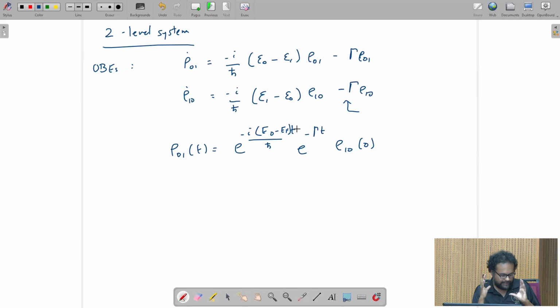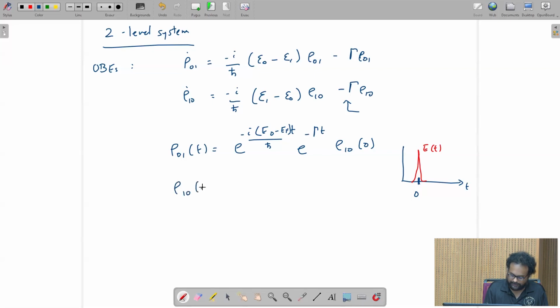Let's say we take a very specific scenario, where there is nothing happening till t equal to 0. At t equal to 0, I come with an impulsive excitation. This basically kickstarts a time evolution of my off-diagonal element.